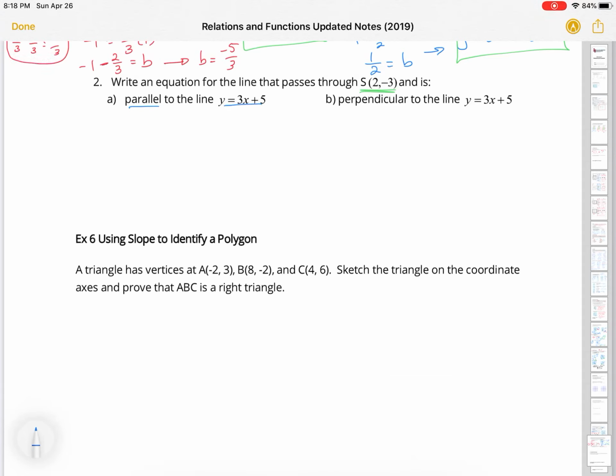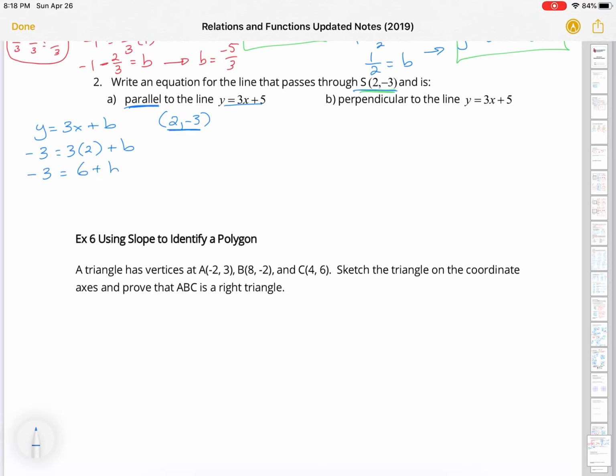All right, so let's do the first one. It's parallel to the line y is equal to 3x plus 5. So that means it's going to be y is equal to 3x plus b. We know that it goes through 2 comma negative 3 because that's the point given. And we know the slope is 3 because it's parallel. So let's substitute in. So negative 3 is equal to 3 times 2 plus b.